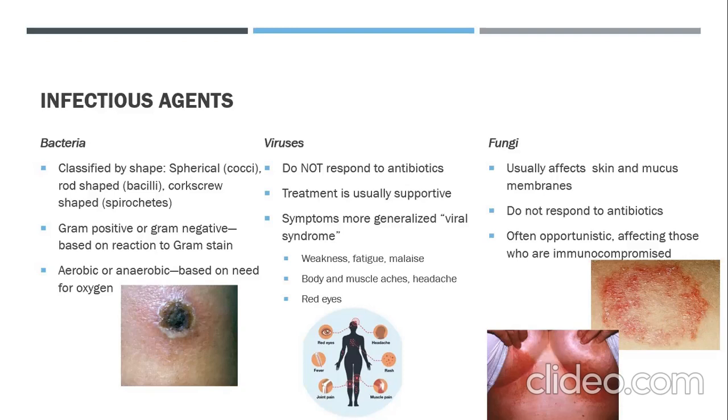Initially when you do a culture, you get a preliminary result. It's not going to say right away MRSA, but it may say you have cocci, gram positive cocci in clusters. That's all it's going to say.